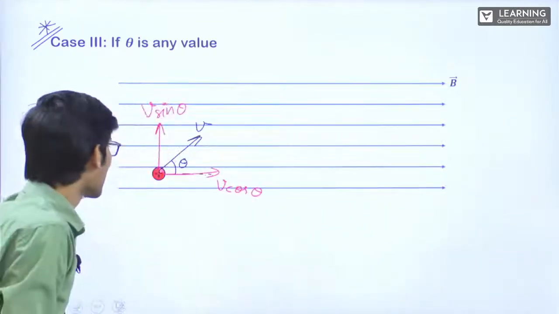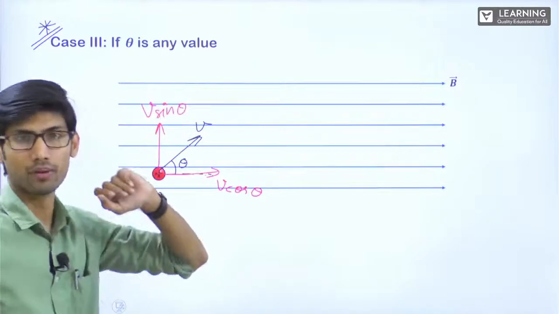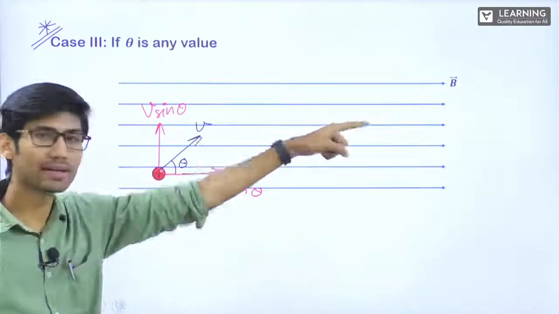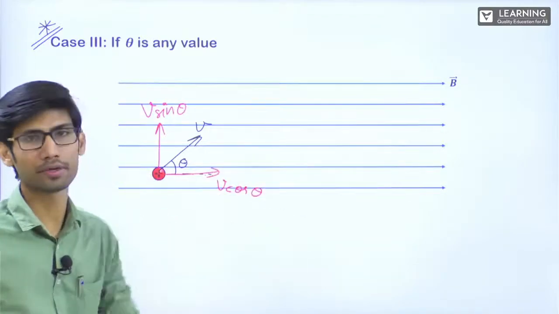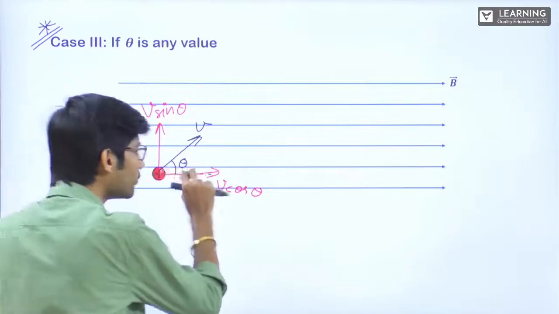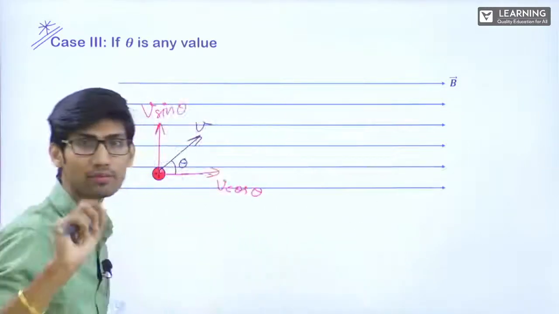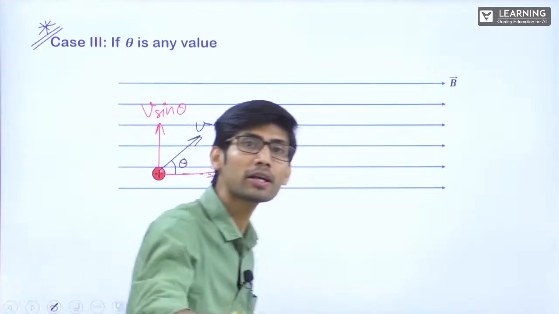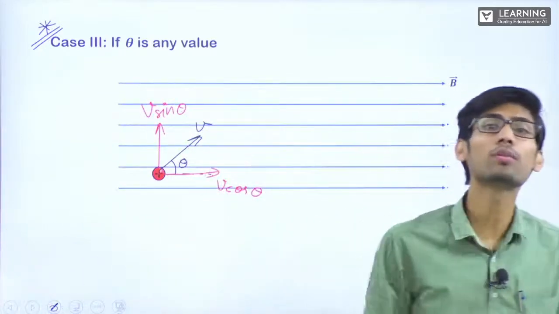Okay. We know that if a particle goes parallel to magnetic field, it goes straight undeviated. Correct? In a straight line. That means the particle will move like this. First one motion. Second motion, we also know that if the velocity is perpendicular to magnetic field, the particle will do circular motion.